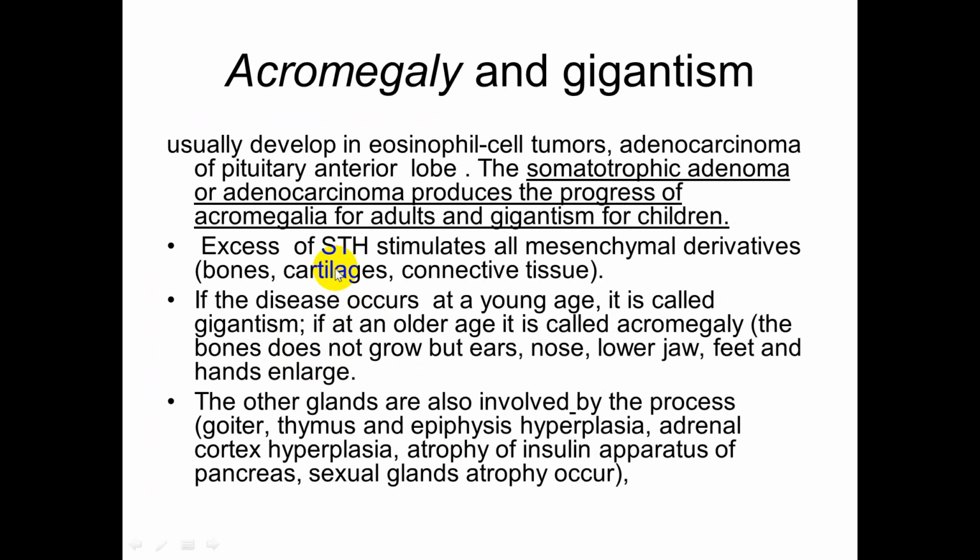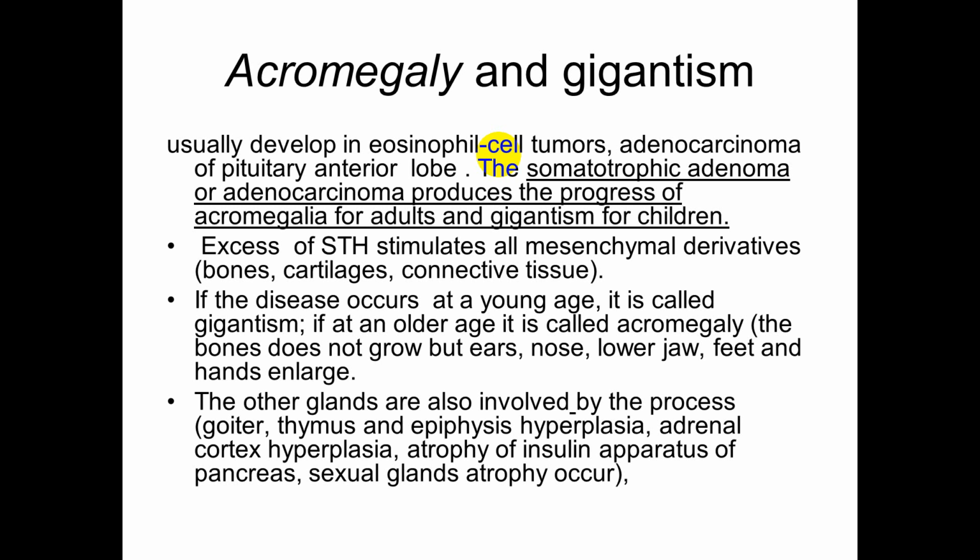Acromegaly and gigantism usually develop in eosinophilic cell tumors, adenocarcinoma of the pituitary anterior lobe. The somatotropic adenoma or adenocarcinoma produces the progress of acromegaly for adults and gigantism for children. Excess of somatotropic hormone stimulates all mesenchymal derivatives: bones, cartilage, connective tissue.